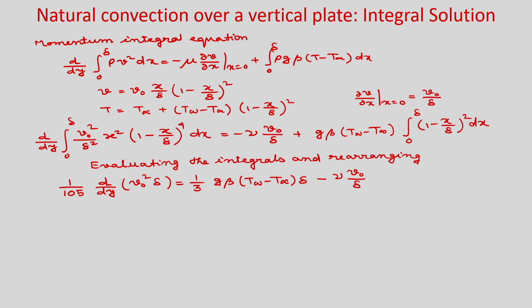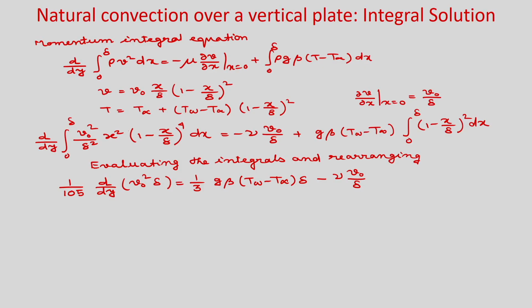Okay. Now, similarly, you put the value of temperature profile in the energy integral equation. So, energy integral equation, if you remember, it was d/dy, and here we are integrating 0 to delta, because we have assumed that delta is equal to delta t.